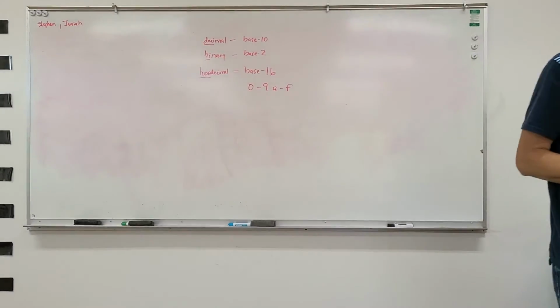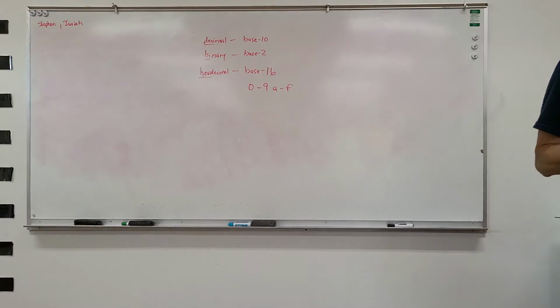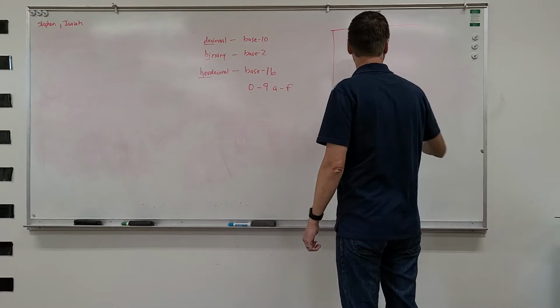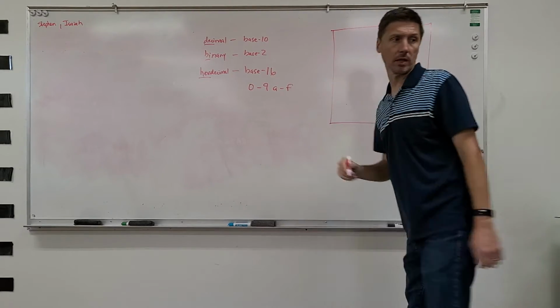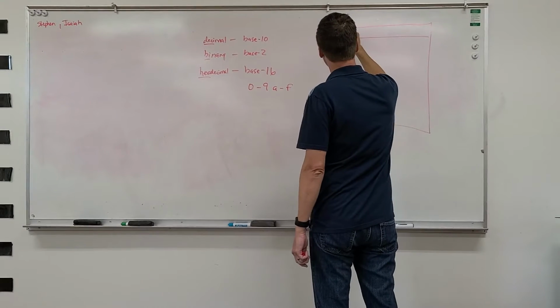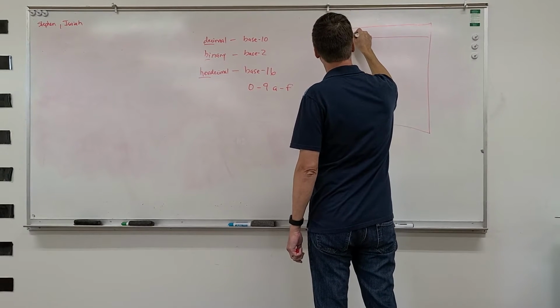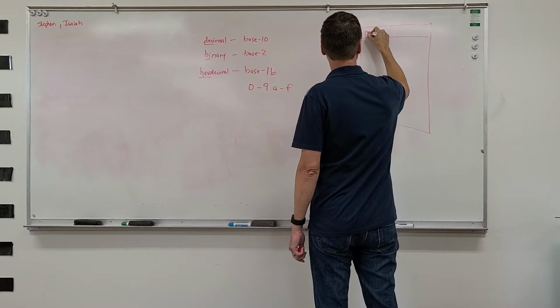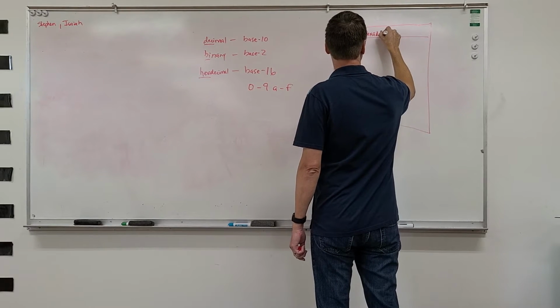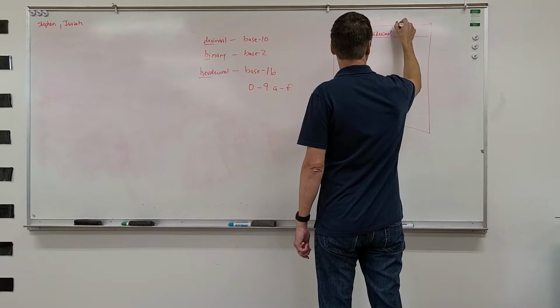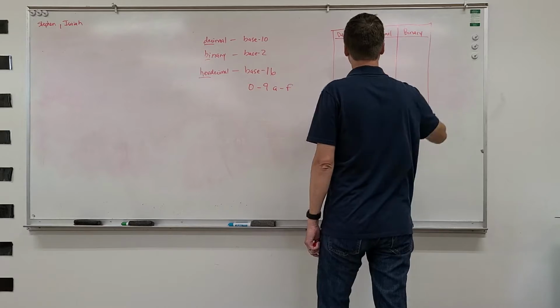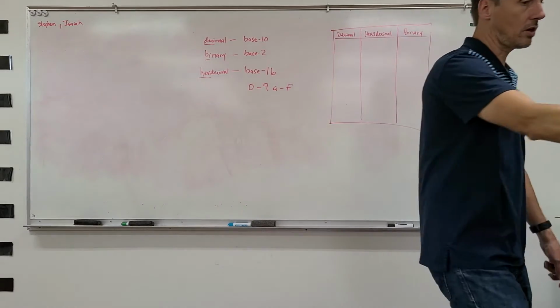And just to lay those out, if we were to build a table, and I'm not going to do all of them, we could put a column here for the decimal number, a column here for the hexadecimal number, and then a column for the binary equivalent.